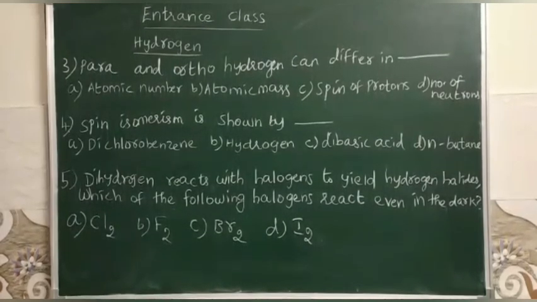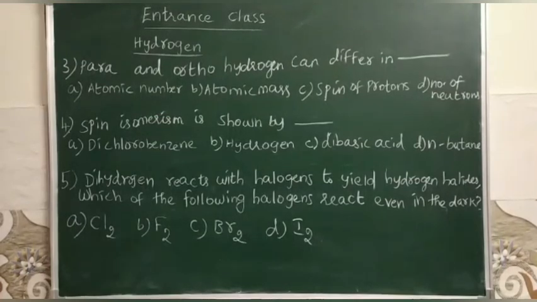And iodine reacts with hydrogen on heating, and a catalyst is also required. Okay. So the question is, which of the following halogens react even in the dark? So which halogen? Yes, option B, that is fluorine.